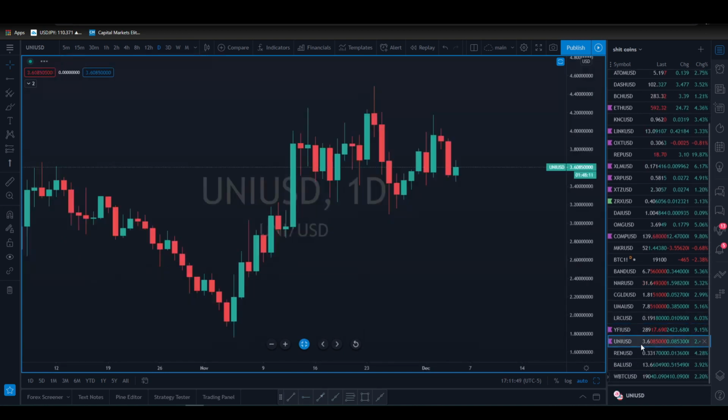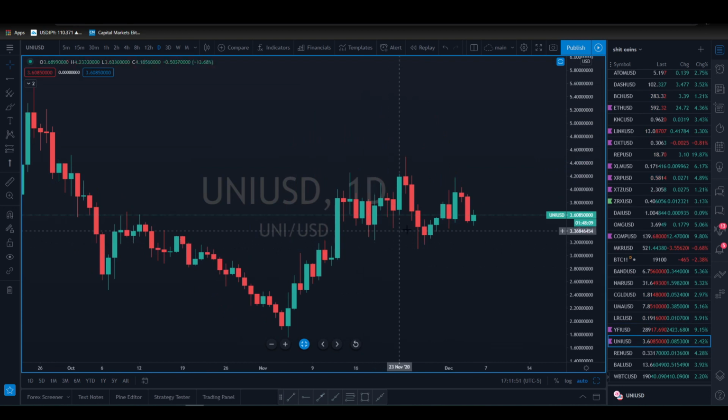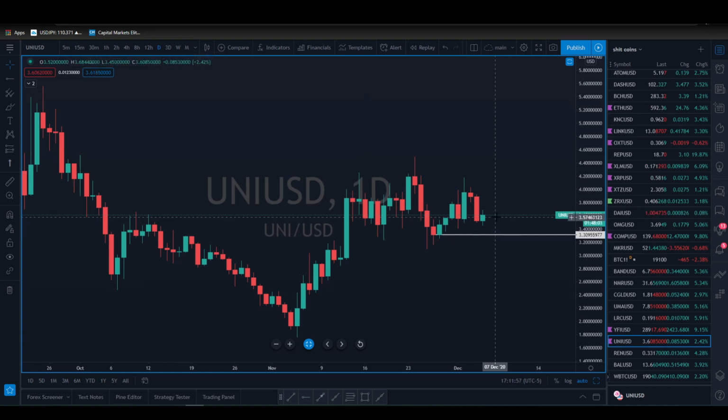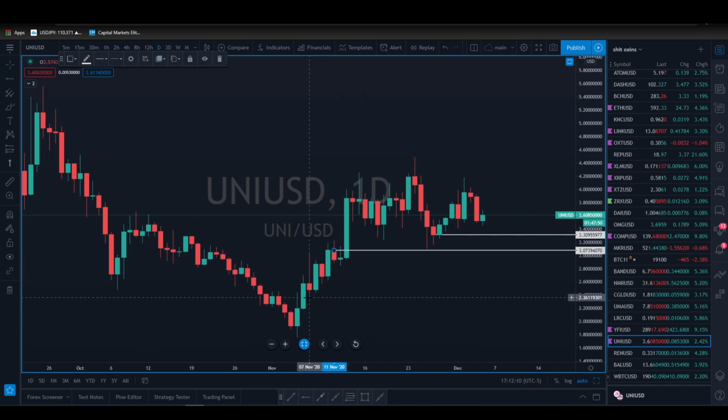And then UNIUSD. UNIUSD is trading in a range. This is the market structure low to watch for the bearish case. If we get a daily closure below this area, we're going to look lower. And you would just have to come get your lines from the past price. And I like to use the bearish candles in an uptrend.